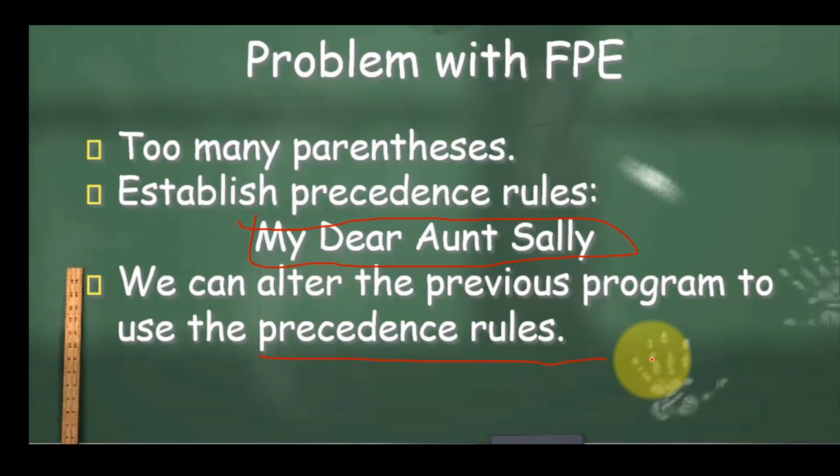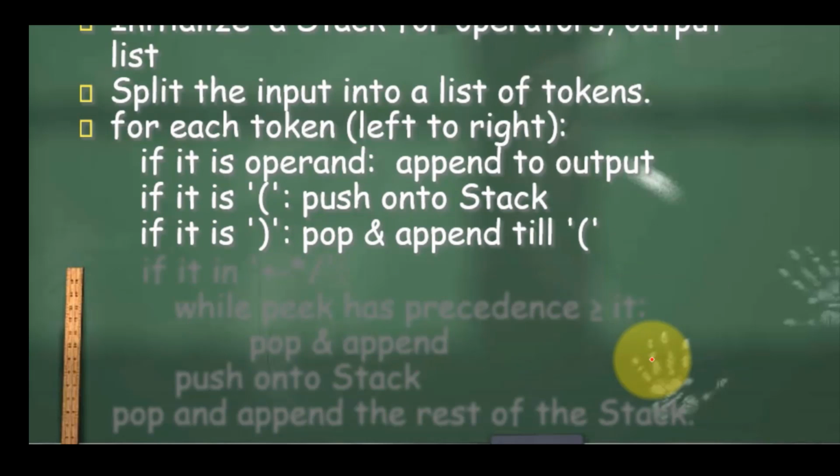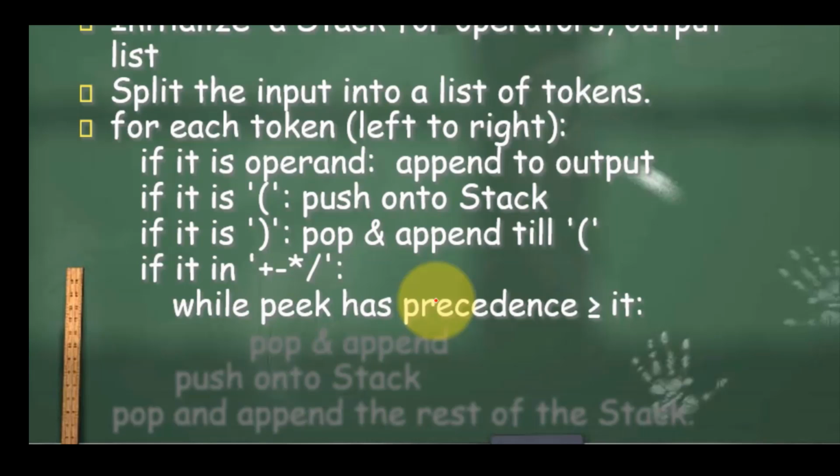Okay? So here, we'll just continue with our algorithm. Now, if it is an operator, after the program reads your expression, it can determine, okay, there's a plus, minus, etc. Then we'll check the rules of this one, PEMDAS: parentheses first, multiplication, addition, etc. And then it will pop and insert.